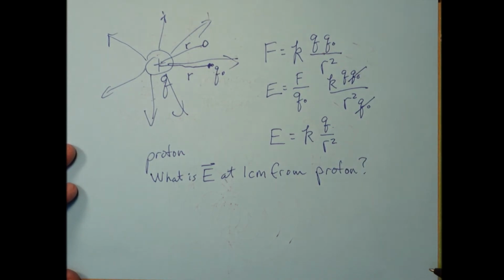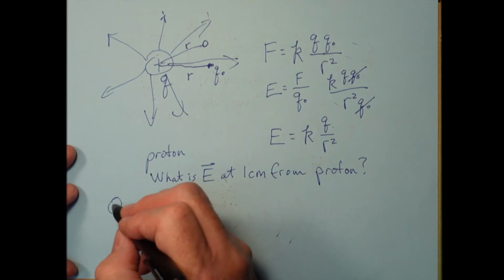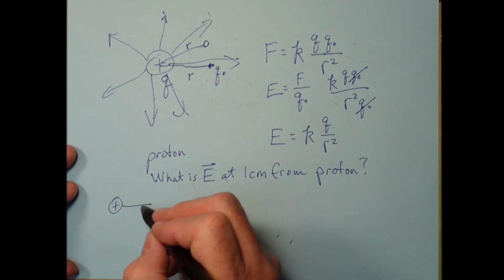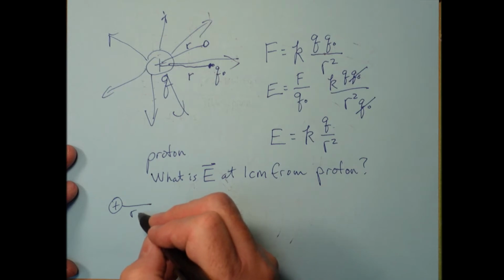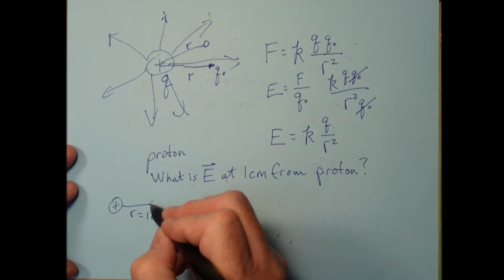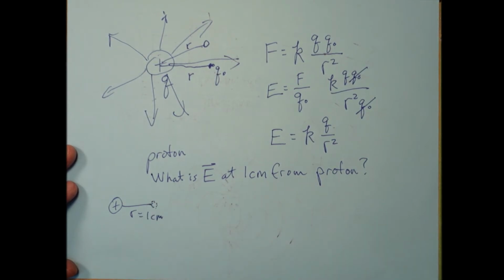That's pretty straightforward. You've got some positive charge here. Your distance R is going to be 1 centimeter, and there's the place 1 centimeter away where you want to know what the electric field is.